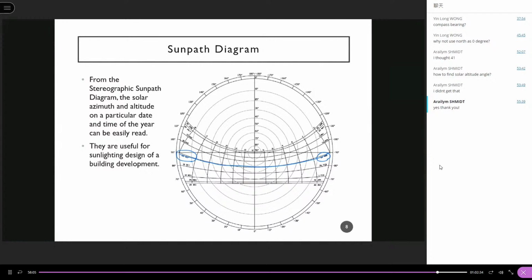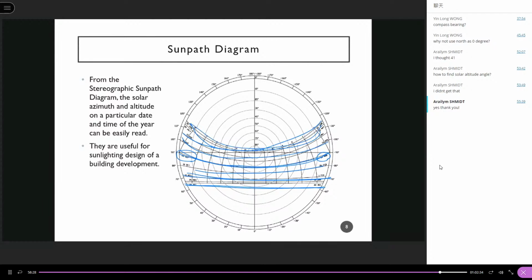So in the winter, the sun path is here. We have winter, then January, February, March, April, May, and June. In June, we have the summer.